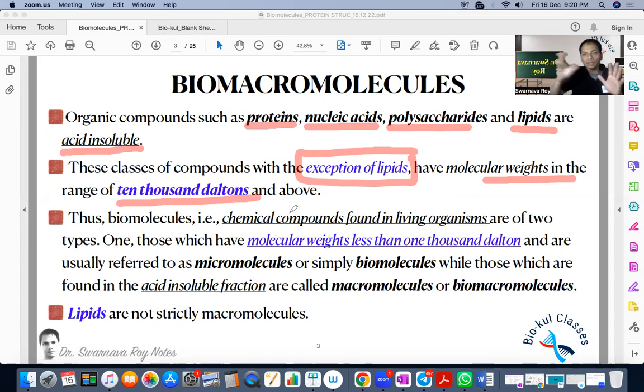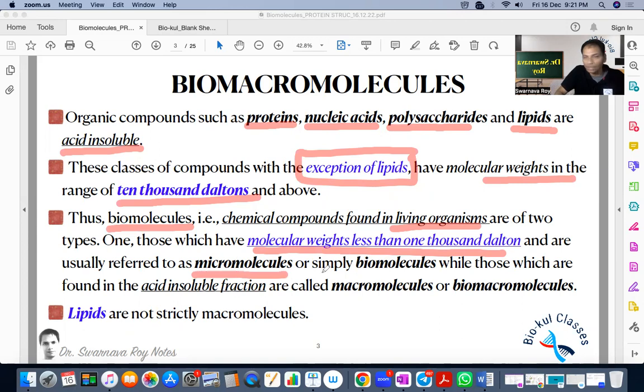When you look at all the biomolecules present in living organisms, you have two types. Normally, biomolecules are expressed in daltons. We don't use kgs or pounds. The first class has a molecular weight less than 1,000 daltons.